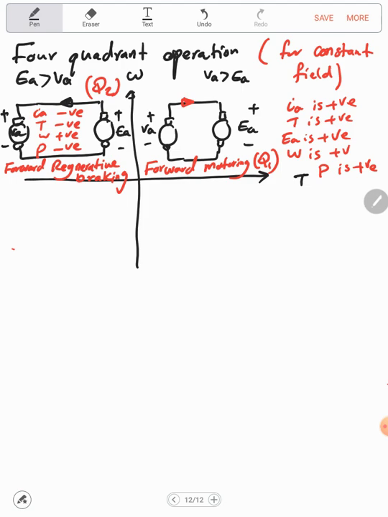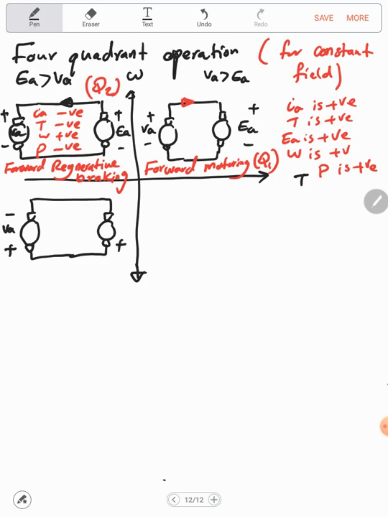Now, let's assume that the terminal of the supply is reversed. So this will be the plus, this is the minus for VA. And the machine will start to rotate in the opposite direction. This is the opposite direction for the speed.